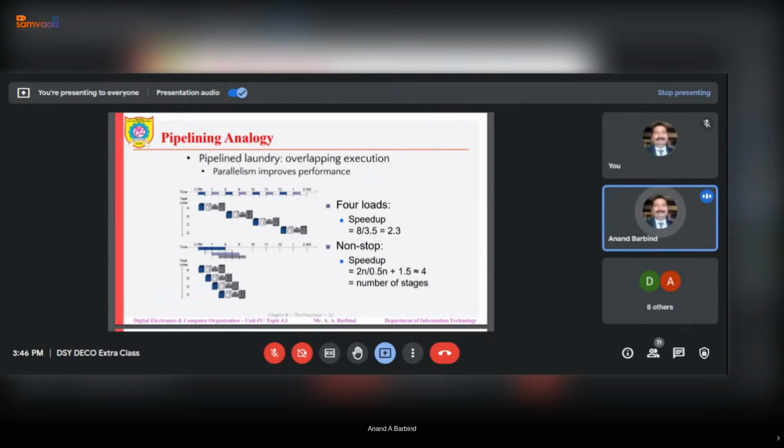So after the first batch of cloth is completed, then the second batch of cloth will be taken. Then again half an hour will be required for washing it, drying it, pressing it, and stacking it. So like that, the B batch of cloth will take another 2 hours.